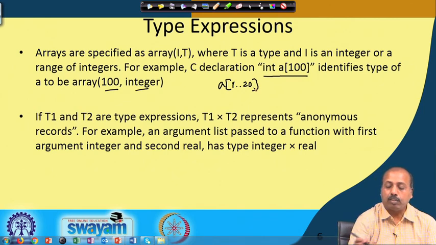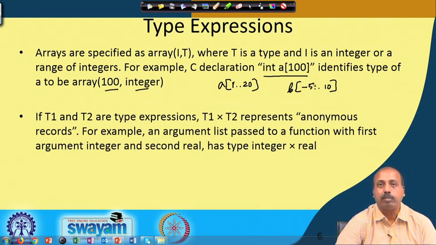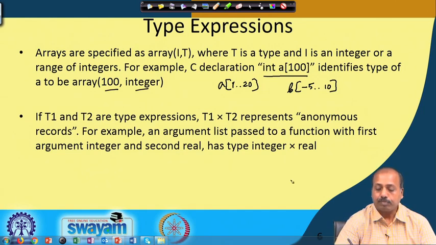It is not impossible to have, say, minus 5..10. This is also an array, where the indices run from minus 5 to 10. All these are possible, which is why it is said to be a range.